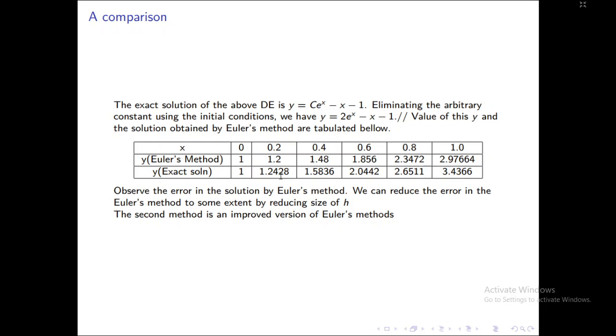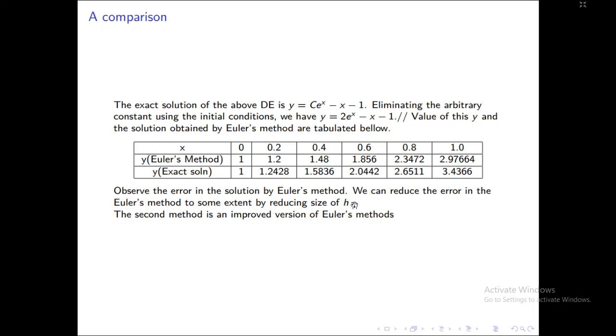It merely depends on the concept of tangents. We know that dy by dx gives the slope of the tangent at a particular point, and we use that concept to approximate the solution curve by a sequence of tangent lines.